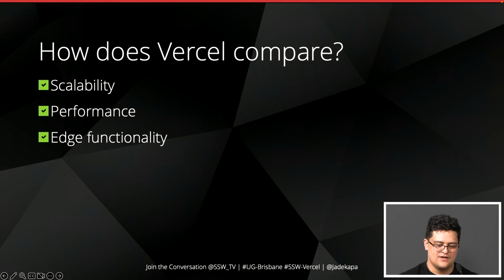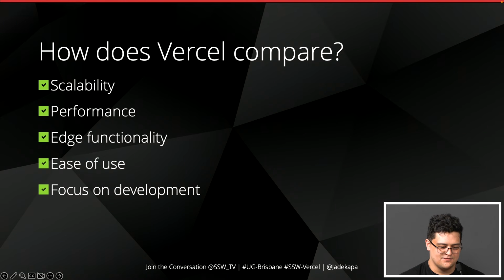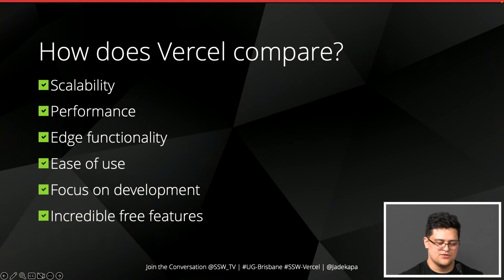It has access to edge functionality, being able to run functions closer to your end user to take advantage of Vercel's edge functions. And ease of use. Again, you've seen just how easy it is to get started. There's a focus on development, which means I can focus on getting my app and iterating my features and deploying them. And as you've seen, there's an incredible suite of free features.